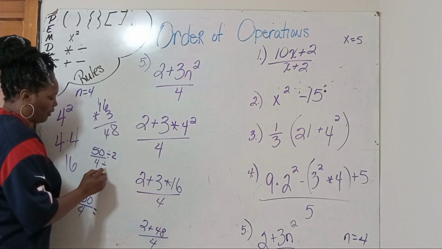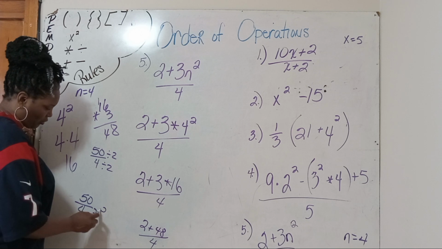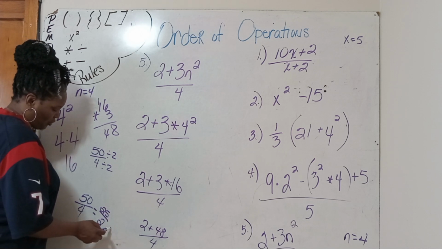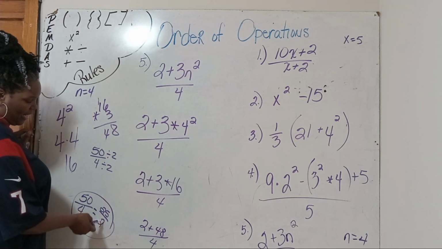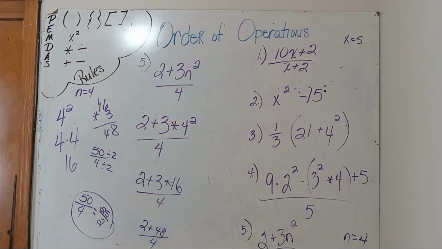We're going to divide both by 2. So 50 divided by 2 is 25. 4 divided by 2 is 2. So 50 over 4 equals 25 over 2.